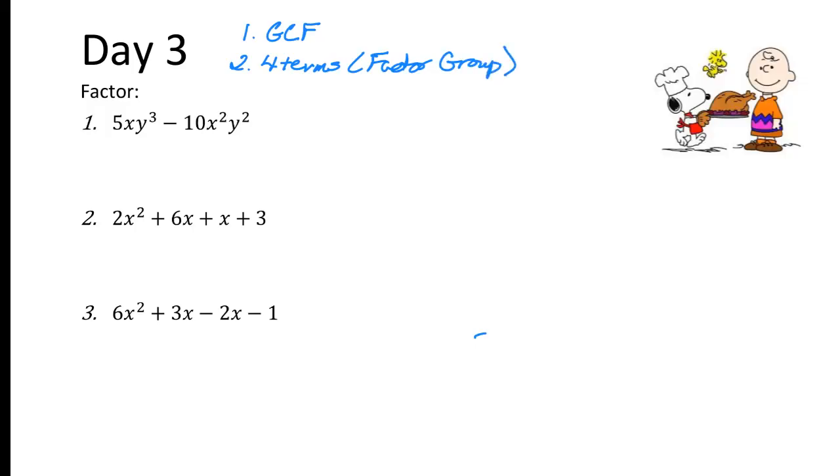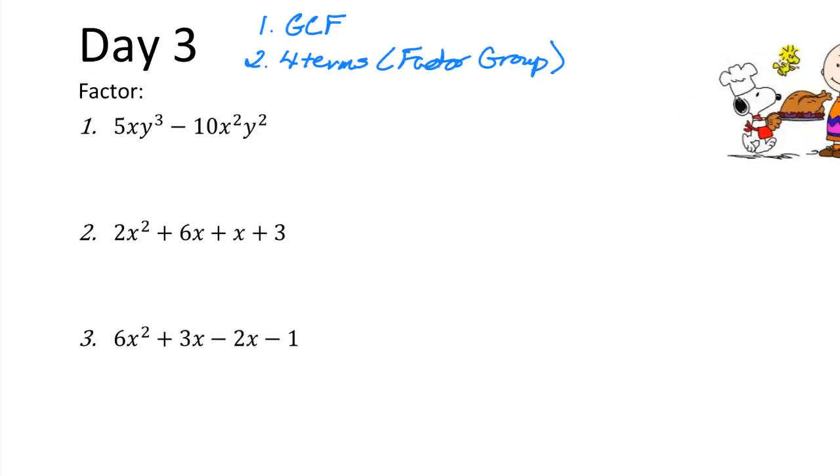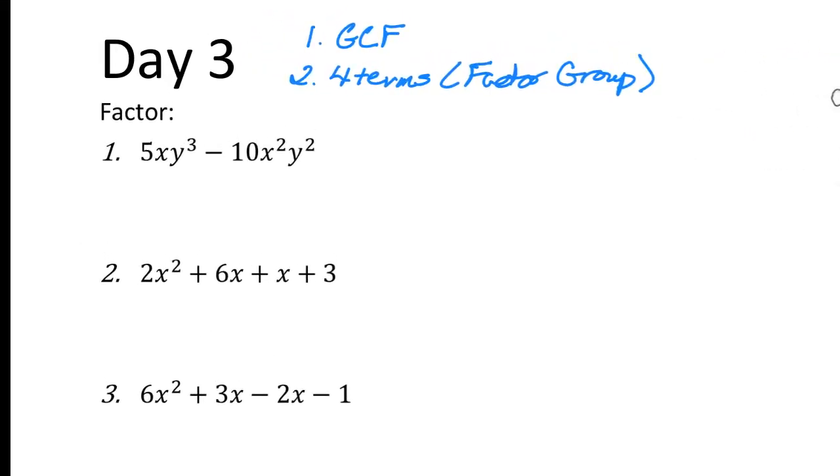Okay, so let's take a look at our first problem, and it says 5xy to the third minus 10x squared y squared. In looking at these two terms, I want to choose the smallest coefficient, which is 5, and write the factors of 5, which are 1 and 5.